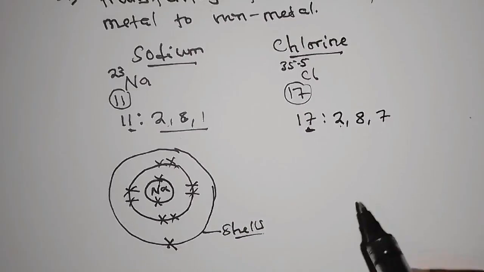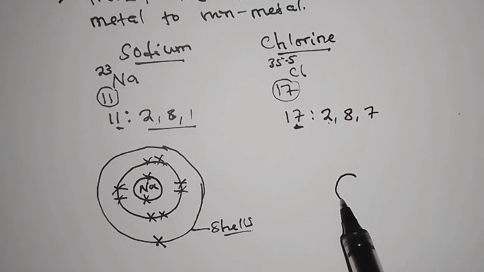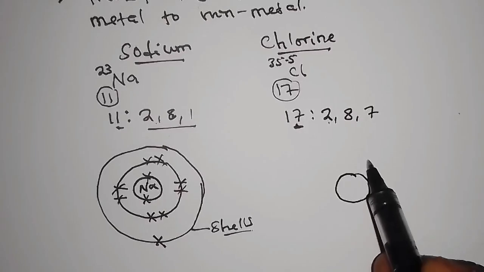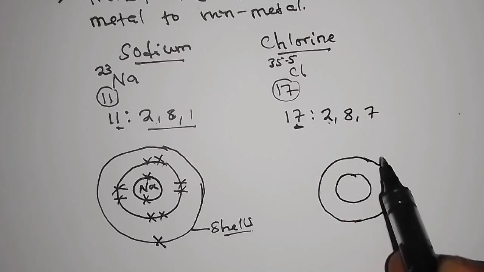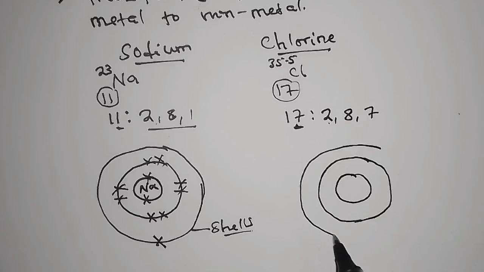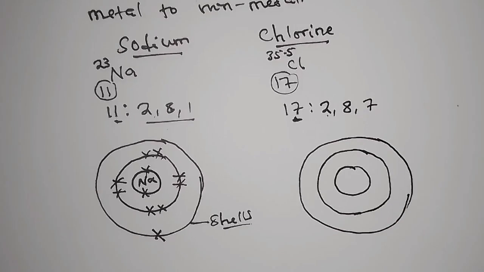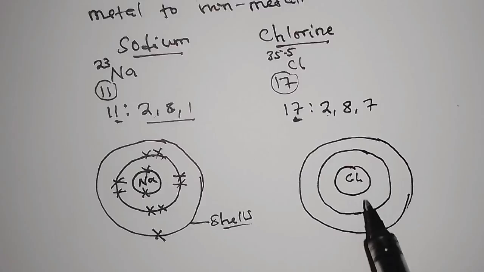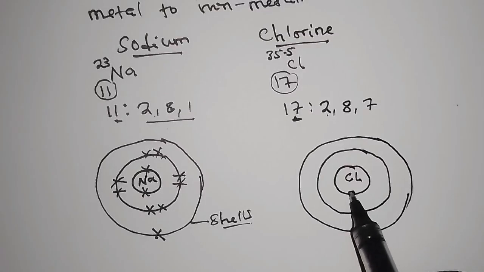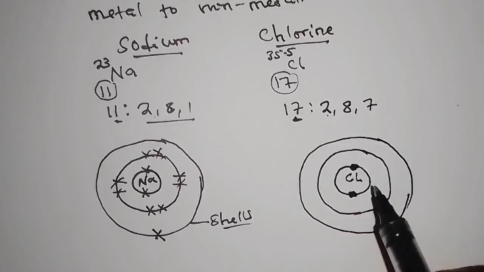So you do the same with the chlorine. We have the chlorine at the center, and we're going to have 2 in the first shell. I'm going to use dots just to differentiate from the star.